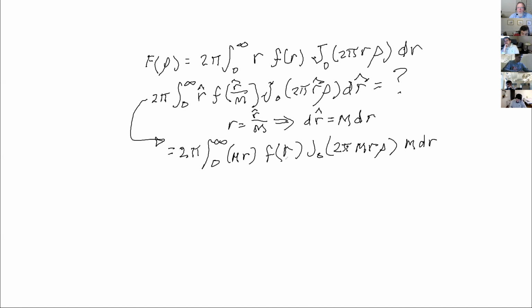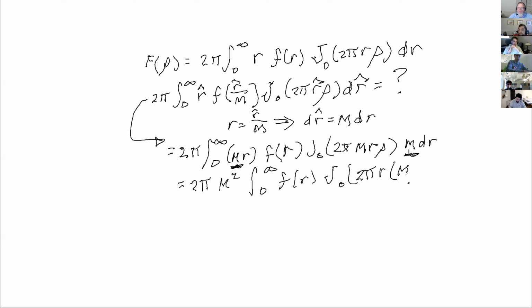Now, what was shown was that there were two m's that came out of here, at least when we did the substitution of the two-dimensional Fourier transform. There's also two m's that come out of here, the first m for the r, the other one for the differential. So this is equal to 2 pi, and we're going to suck out the m squared, and then lump the m with the rho.